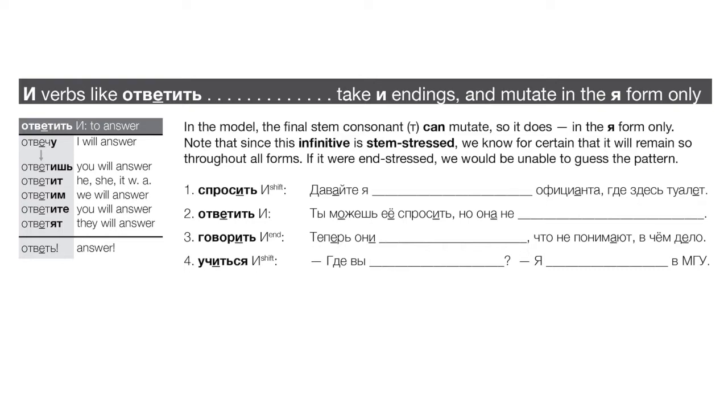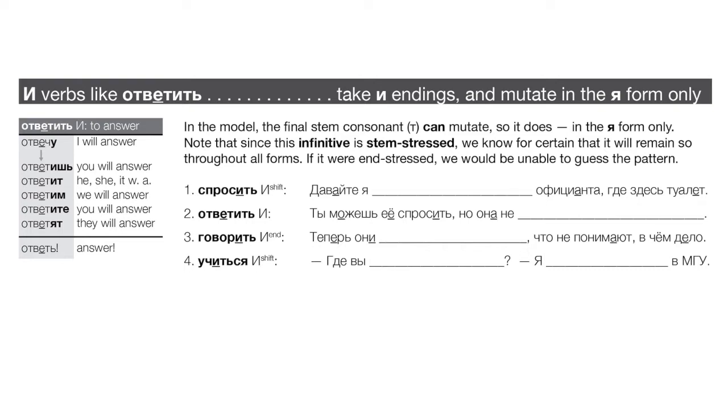But then in the remaining forms, we're back to т. No mutation anywhere else in these е verb forms. So we get отвечу, ответишь, ответит, ответим, ответите, ответят. And for this particular imperative, that would be ответь, because of the stress in the я form.